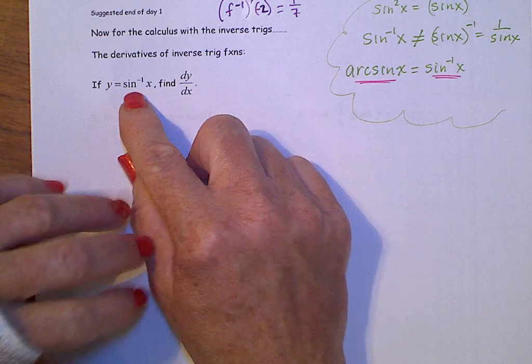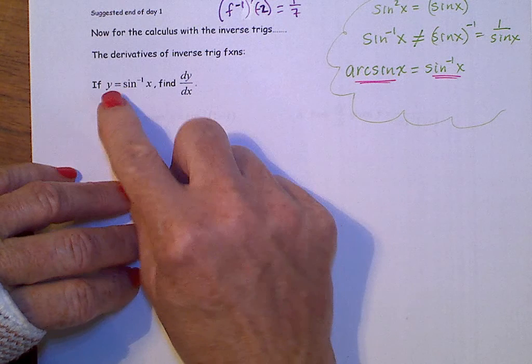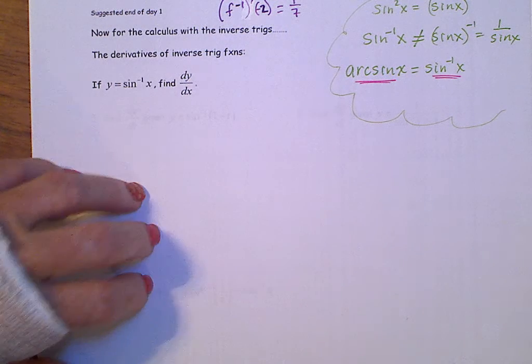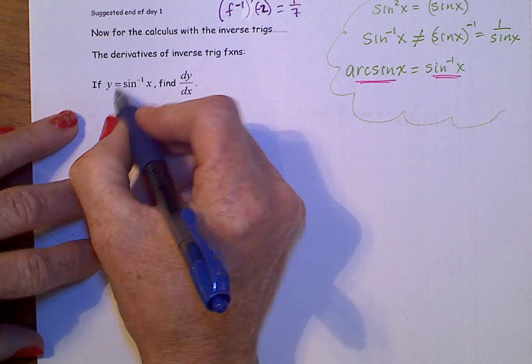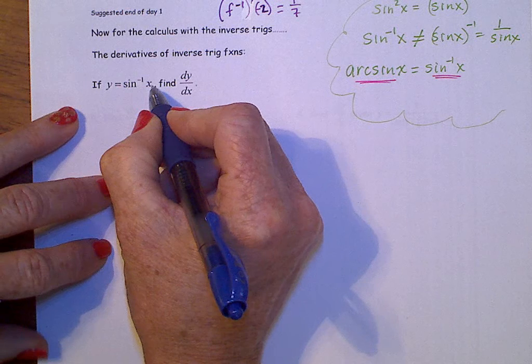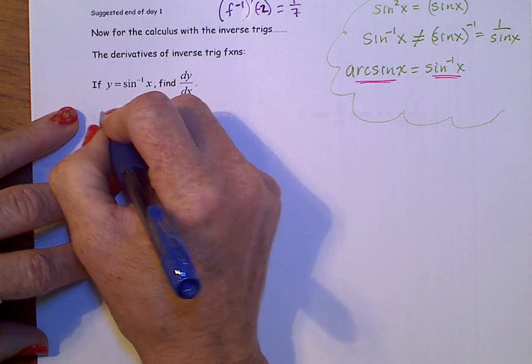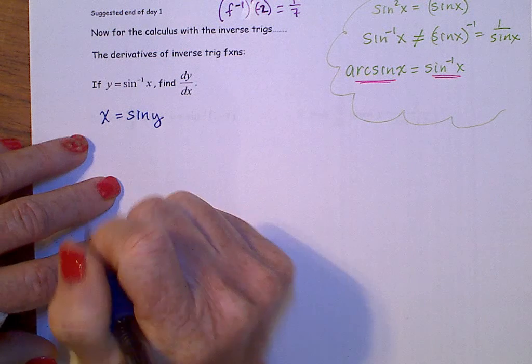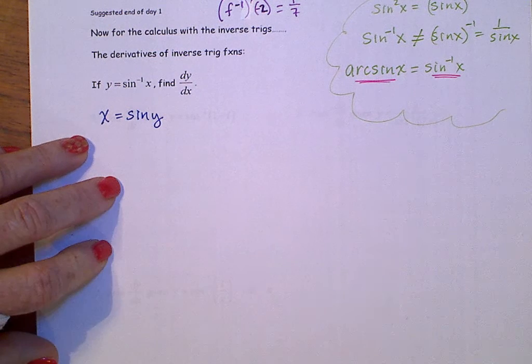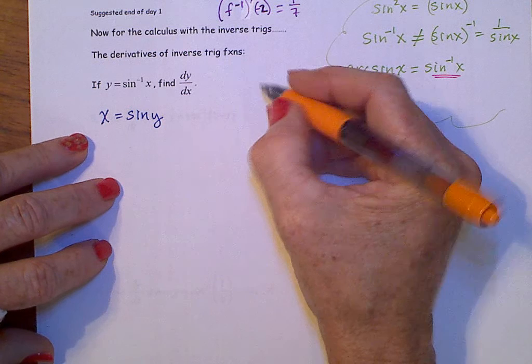The derivative of the inverse sine. Well, we can't do this right now. What we can do, though, is to rearrange this, and if y is inverse sine of x, that means then that x is sine y. If that bothers you, then go back to something like this.